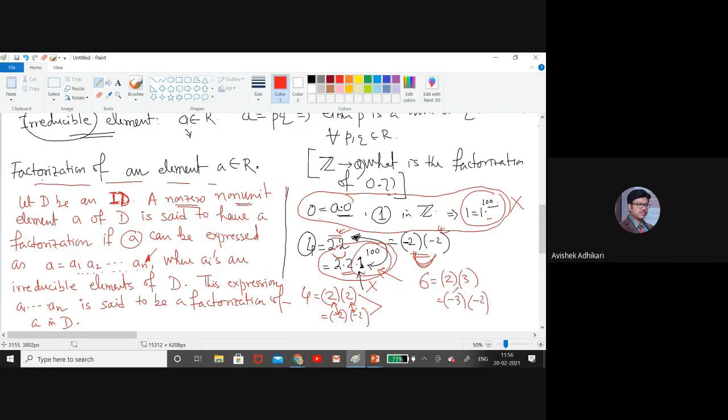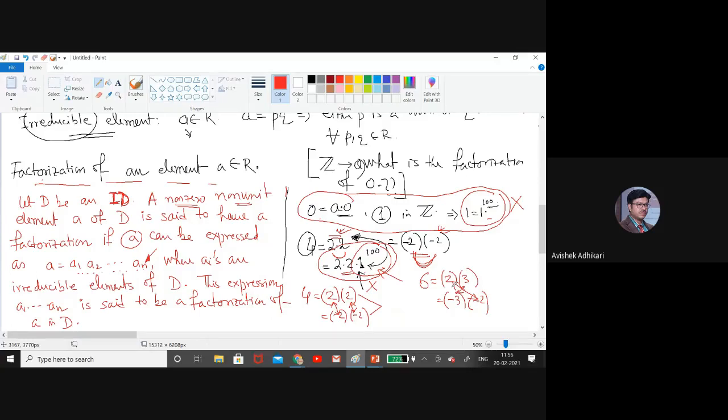So you may think we have two different factorizations, but frankly speaking, they are not, because though we have used minus 2, 2 and minus 2 are associates, and 3 and minus 3 are associates. So they cannot be considered as two different factorizations. So is the concept clear to all of you?